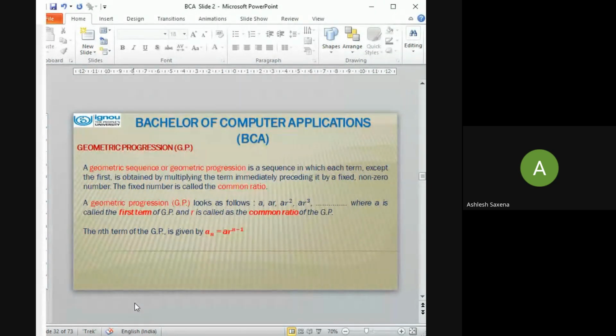We have to be very clear that the first term is given by a, and we have to find the common ratio. The common ratio is found by the second term divided by the first term, or the third term divided by the second term. It will remain the same.